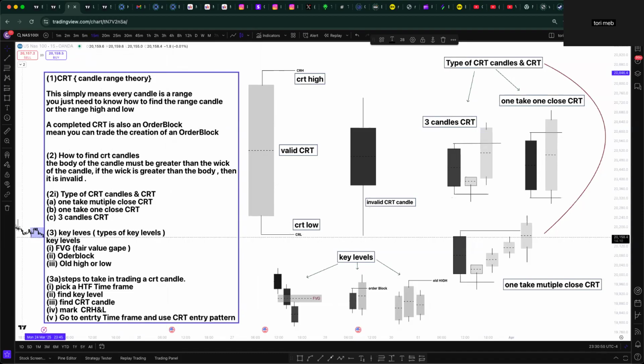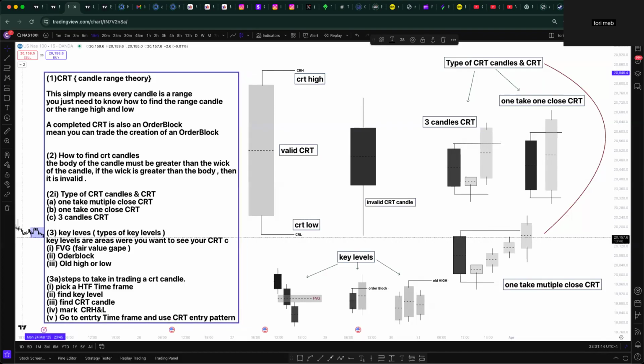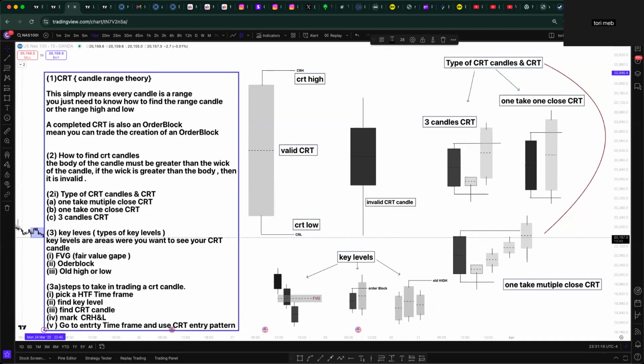Key levels are areas where you want to see your CRT candle form or manipulation candle tapping into.